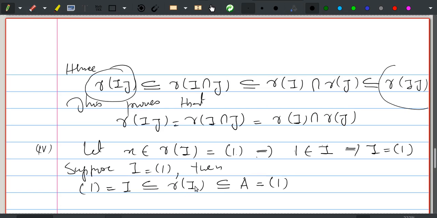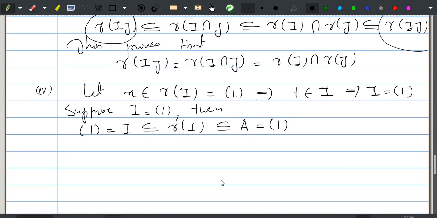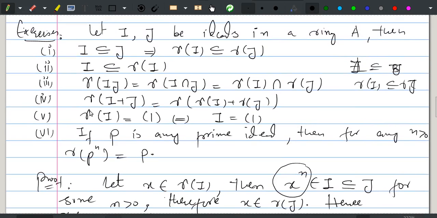So this means that the radical of I is the unital ideal. So this proves this item. Now let us prove the next item, that the radical of the sum of two ideals is the radical of the sum of radicals.